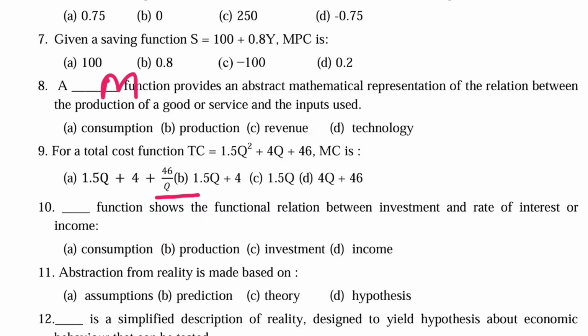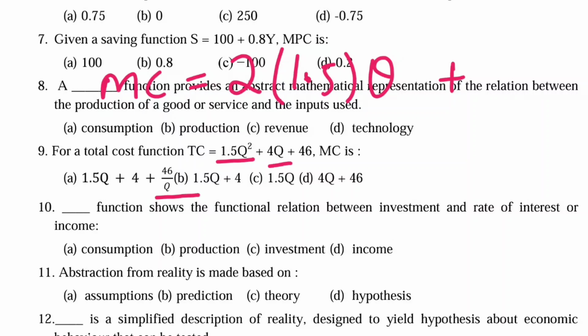So marginal cost will be equal to, derivative of the first term, 2 becomes coefficient, then we have to multiply it with 1.5, then we have q exponent subtracted by 1, plus derivative of q in the second term is 1, so we are left with 4. So 2 into 1.5 is 3q plus 4. So the options are, I guess, incorrect here, so it should be 3q plus 4.